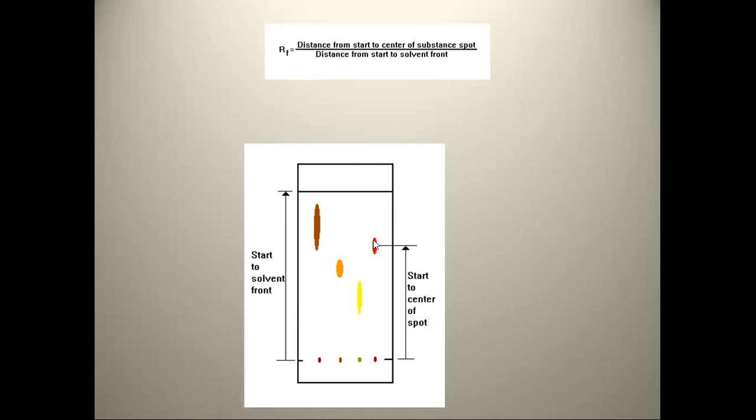So ibig sabihin kung saan pinakamalayong mag-travel, no? Yung solvent. So take note, dahil yung solvent yung umaakyat, hindi pwedeng lumampas yung mga spots natin. So yung RF value mo is always equal or less than 1. So hindi dapat lalampas ng 1. Okay? So may ruler ka, imeasure mo yung distance niya dito.